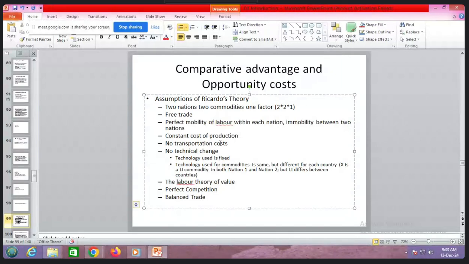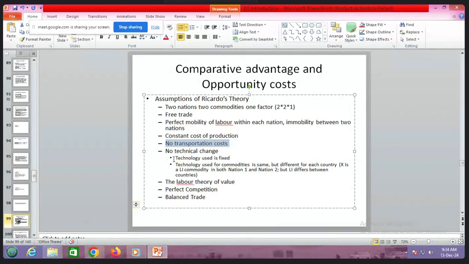That's what it means, constant cost of production.